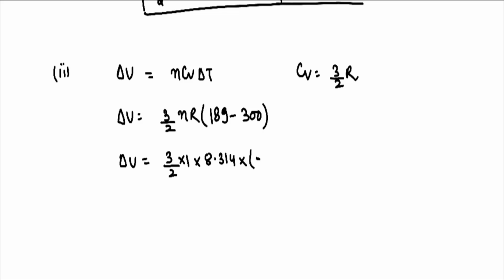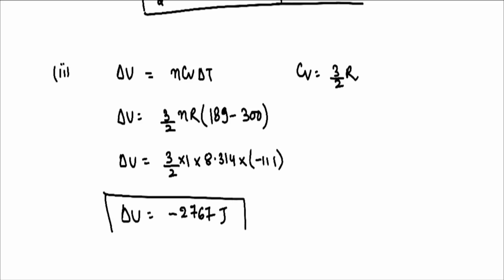When we calculate 189 minus 300, it comes out to be negative 111. Now solving this, we will finally get my internal energy change, which comes out to be minus 2767 joule. So this is my change in internal energy.